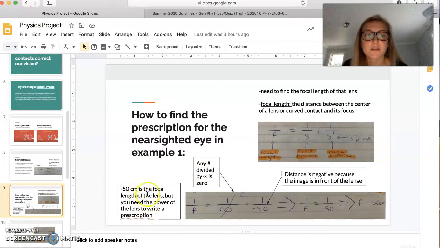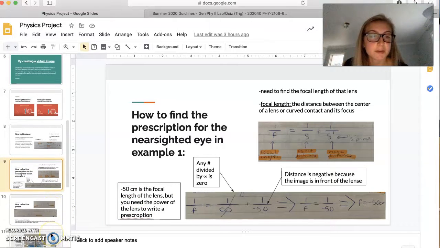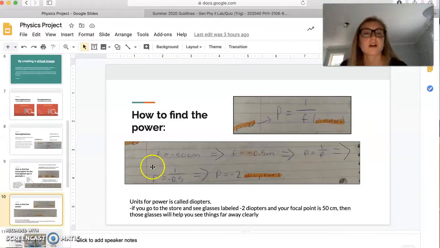So negative 50 centimeters is the focal length of the lens, but you need the power of the lens to write a prescription. Oh, sorry, spelling error. Say prescription. How to find the power. So we take that negative 50 centimeters and we need to find the power. Power is 1 divided by the focal point.